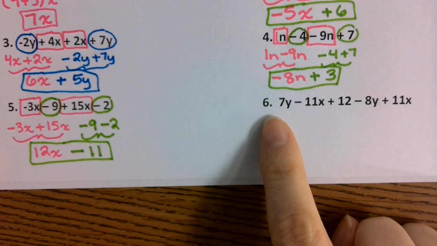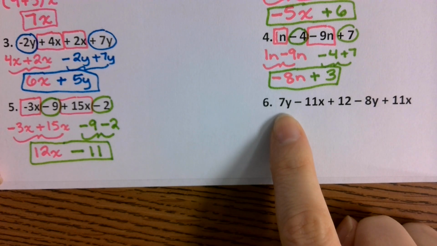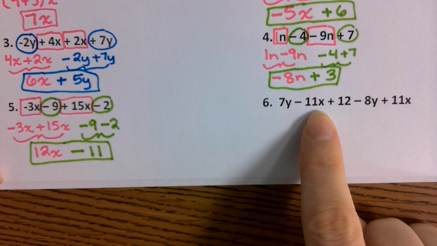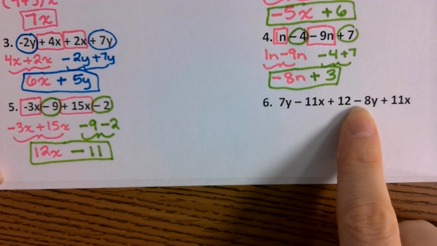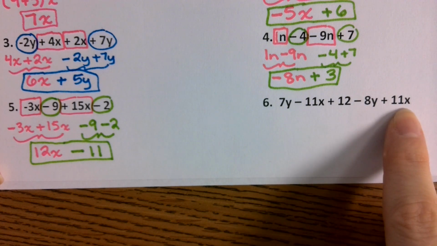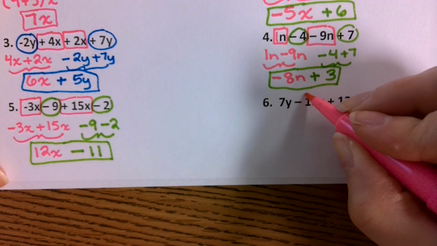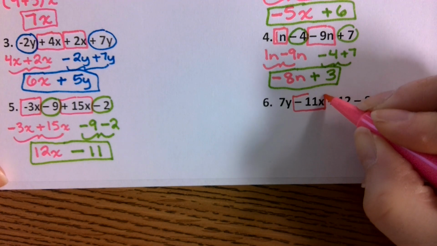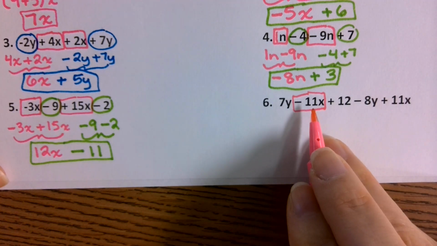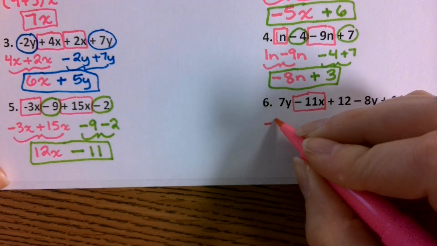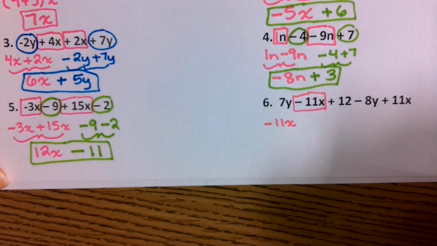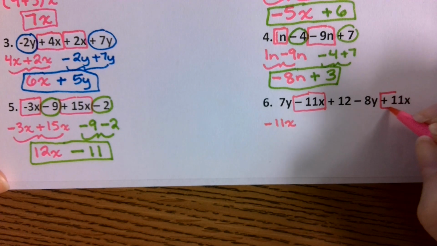Okay, if we look at problem 6, we've got 7y minus 11x plus 12 minus 8y plus 11x. We're going to start with our x's first. So I have a negative 11x. I know it's a negative because of the minus sign in front. And I have a positive 11x.